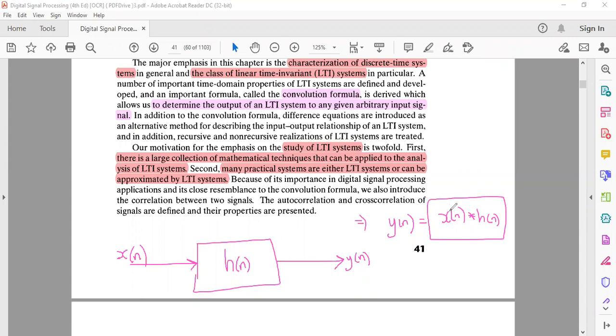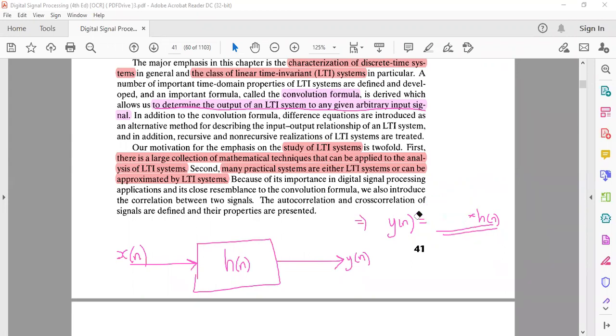And we're saying that this is very important, because it helps us to determine the output of an LTI system for any input signal. For any input signal, you can determine the output using this so-called convolution product.